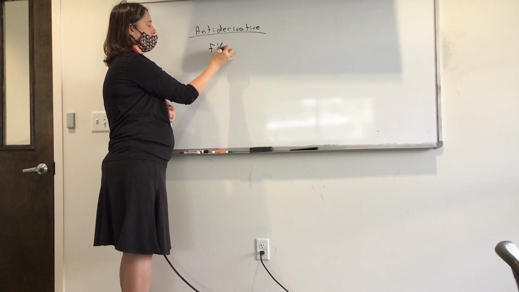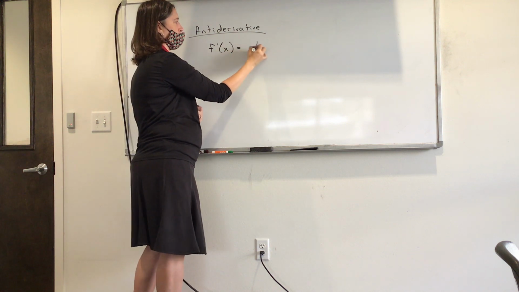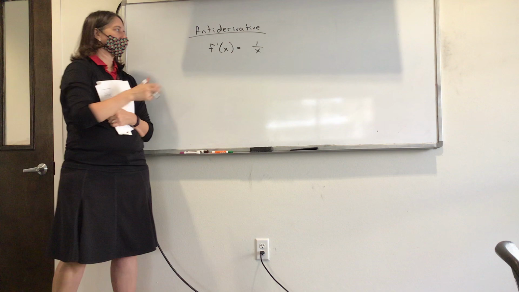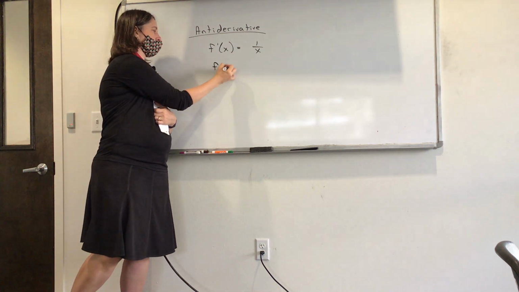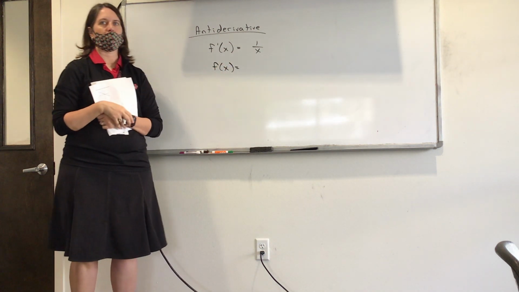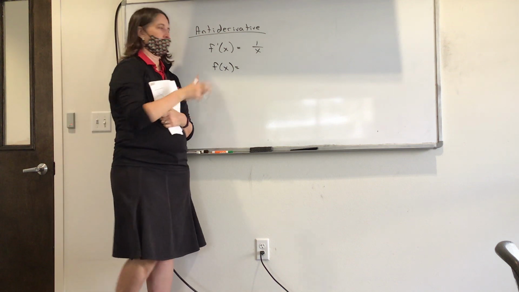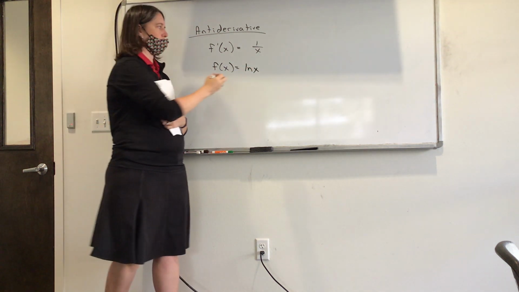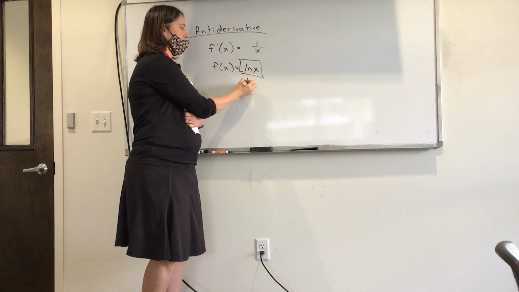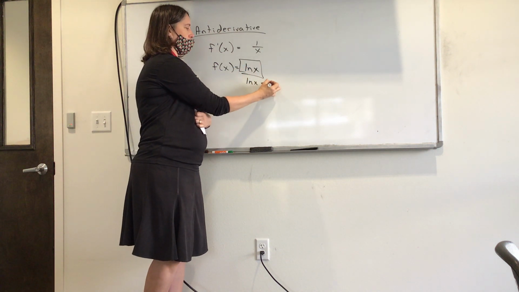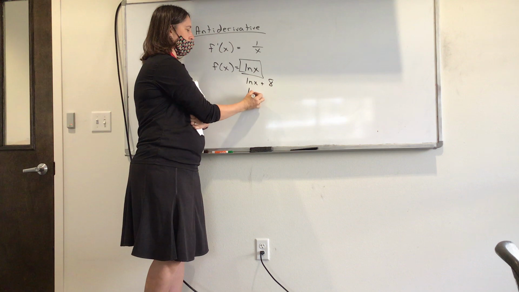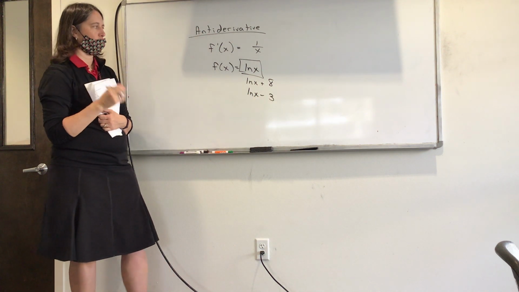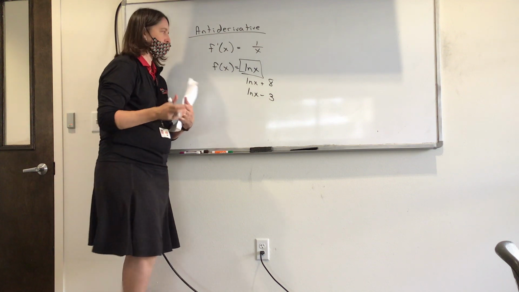So if I tell you that the derivative is 1 over x, Amelia, what could you give me then for the original function? ln x. Okay, that doesn't have to be the only answer. This is a perfectly acceptable answer. You can put any number back there that you would want. So ln x plus 8, ln x minus 3. You could just end with ln x or put any number back there on the question.